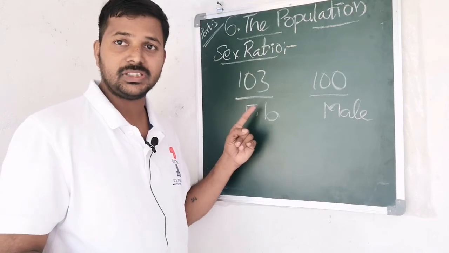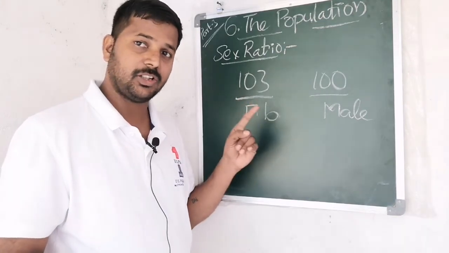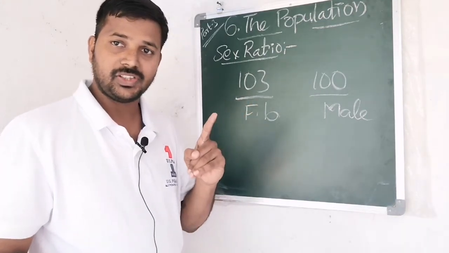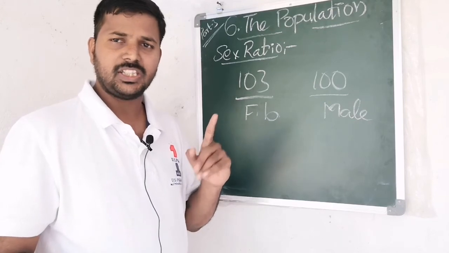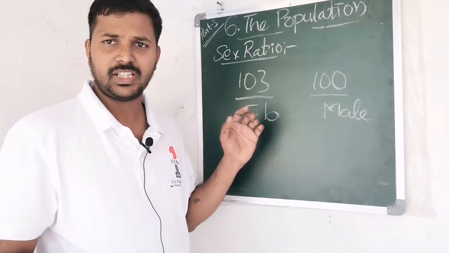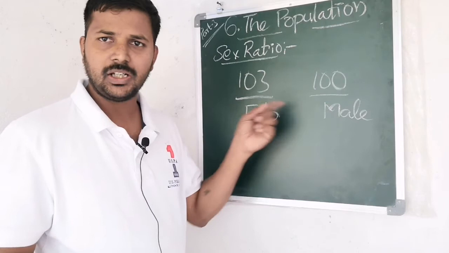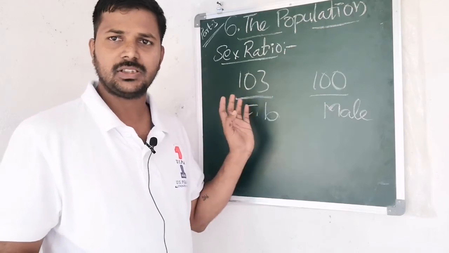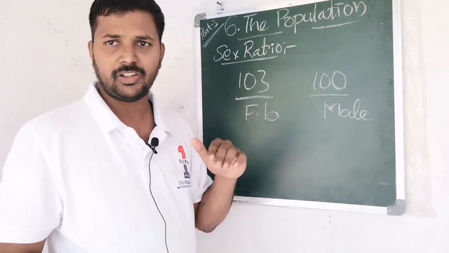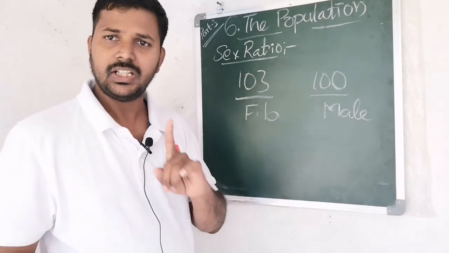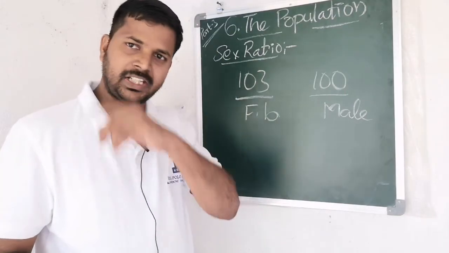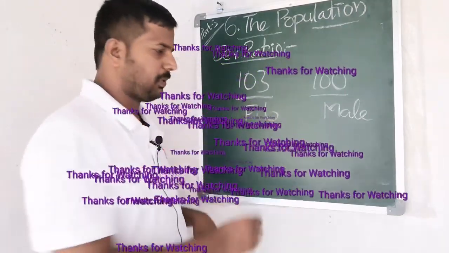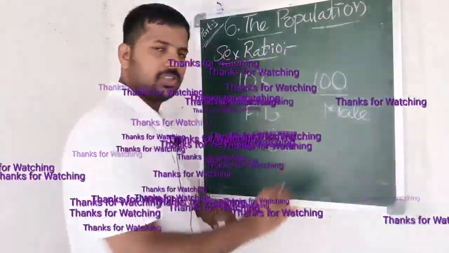What is the reason? Because of the discrimination in their houses and lack of nutrition facilities by their parents. There are many reasons. If you observe the birth rate of boys and girls, and after birth if you observe the death rate, that is the mortality rate, especially the infant mortality rate, 0 to 5 years.